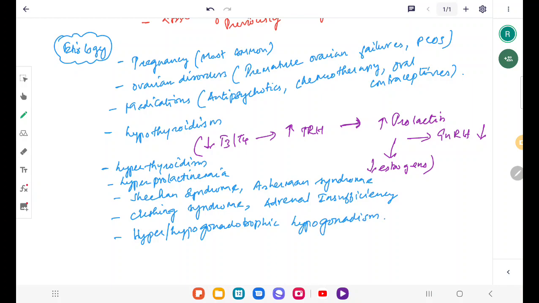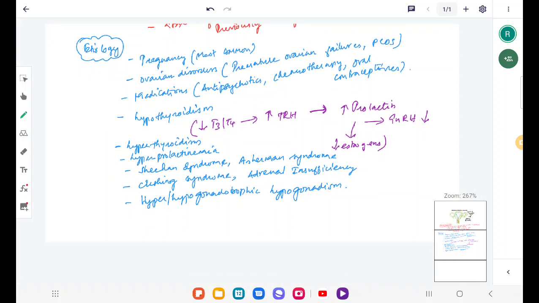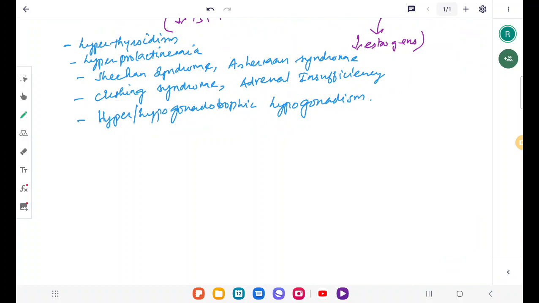Alright, so it also could be due to functional hypothalamic amenorrhea. So this can also cause secondary amenorrhea.